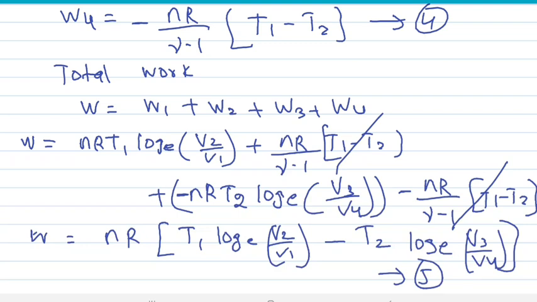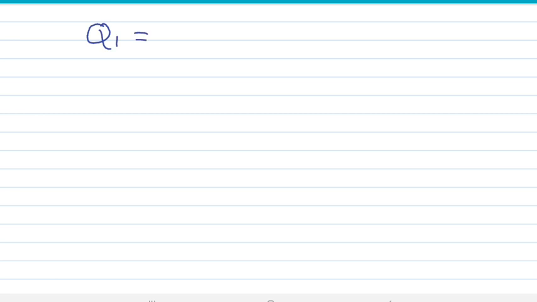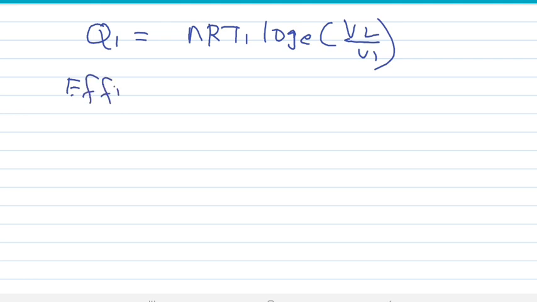So we got the work done here. And heat absorbed Q1 is equal to nRT1 into log to the base e V2 by V1. Now we want the formula for efficiency, which is given by eta. Eta is equal to work done by heat absorbed.